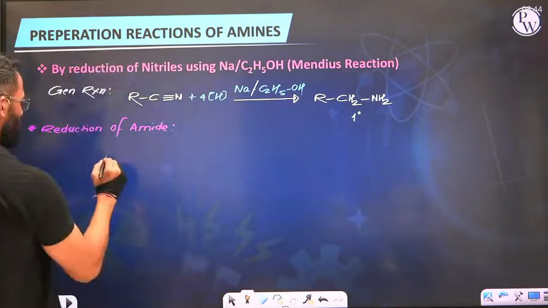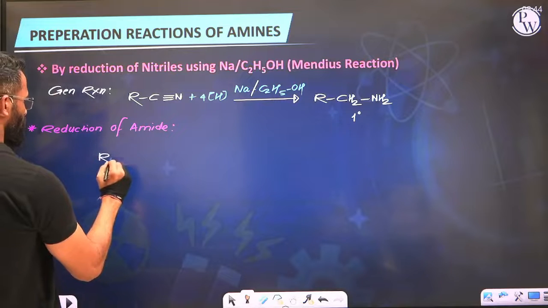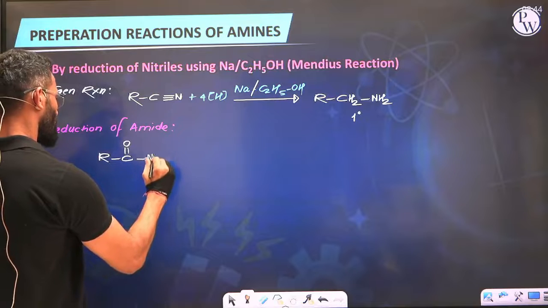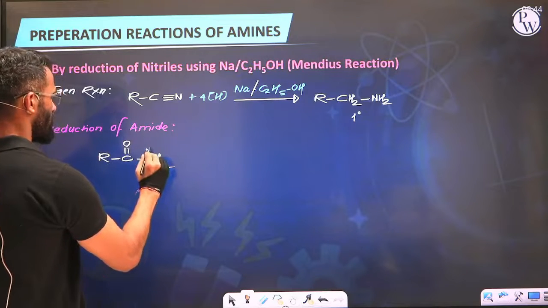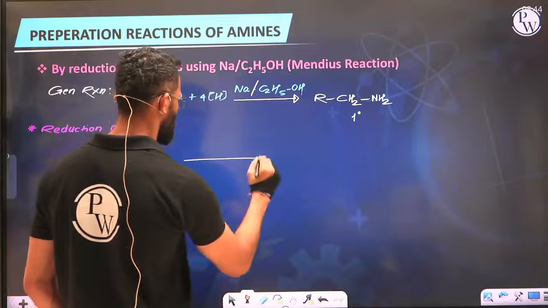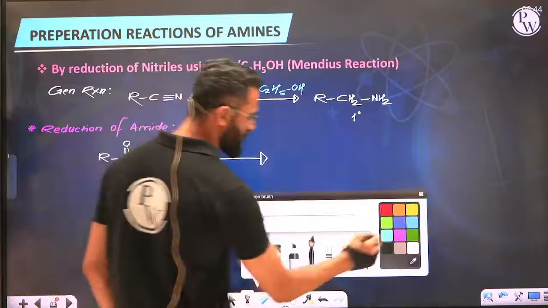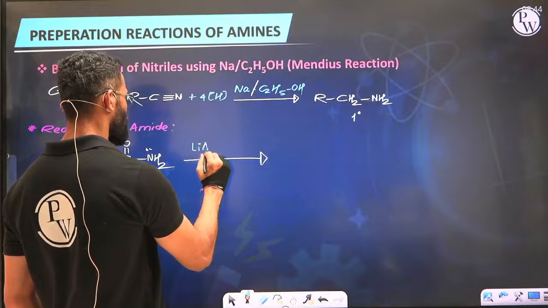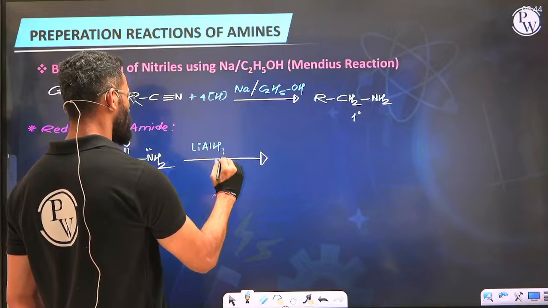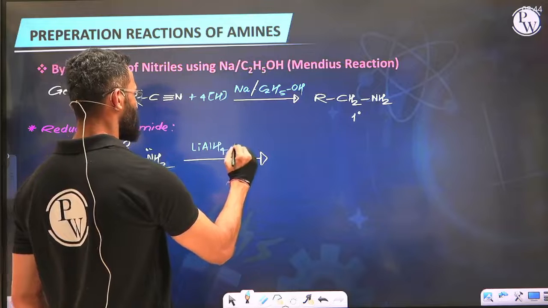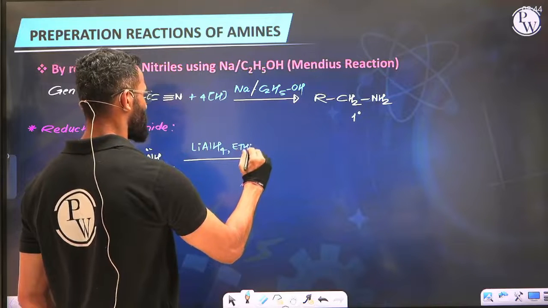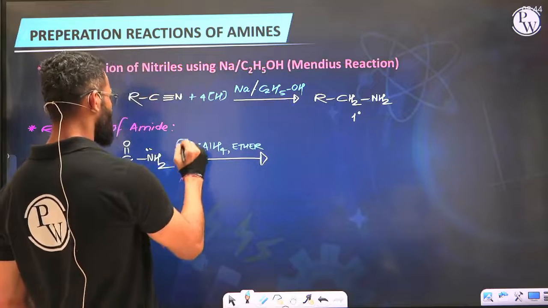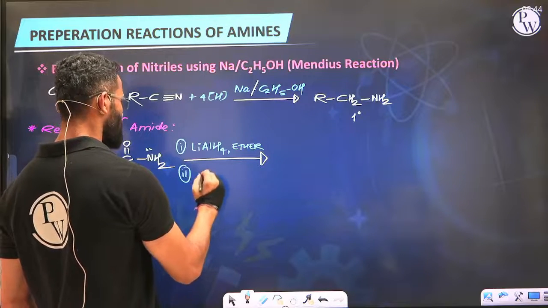If we take R C double bond O NH2, treat this with lithium aluminum hydride. We know that lithium aluminum hydride reacts explosively with water, so we don't take water as a solvent. We rather take ether as a solvent, or you can take tetrahydrofuran as well. Once this is done, then we isolate the intermediate compound and we hydrolyze it further.